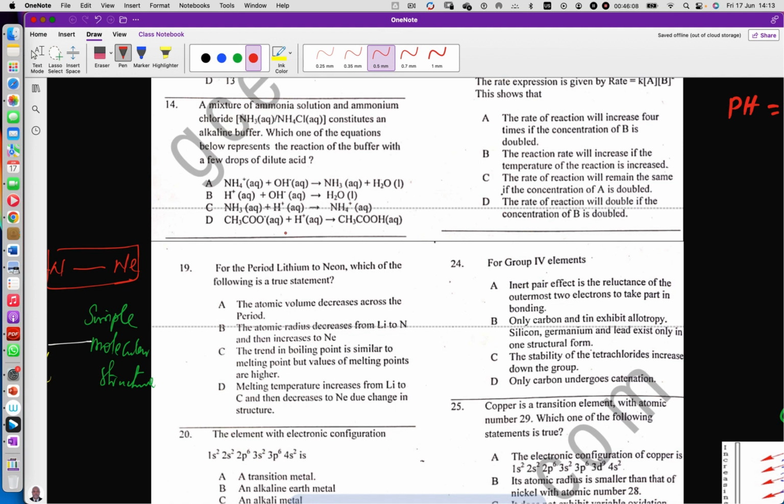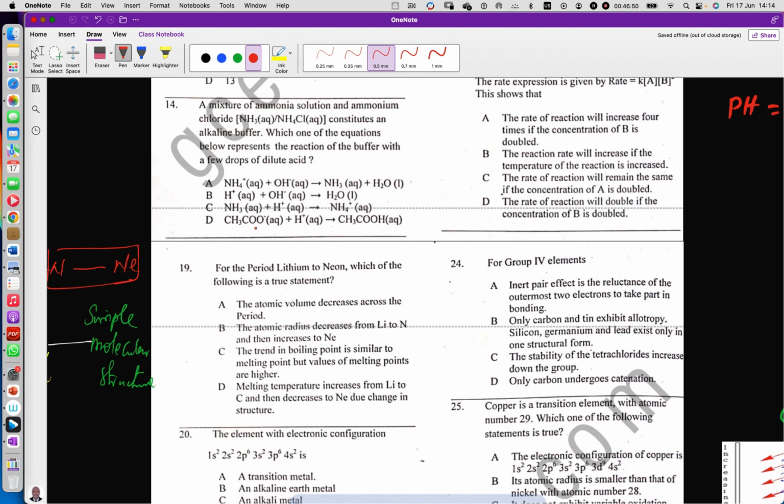You will see here that this is ethanoate, on addition of a hydrogen ion representing acid, or we can say lowering the pH of this solution by adding this hydrogen ion. What happens?